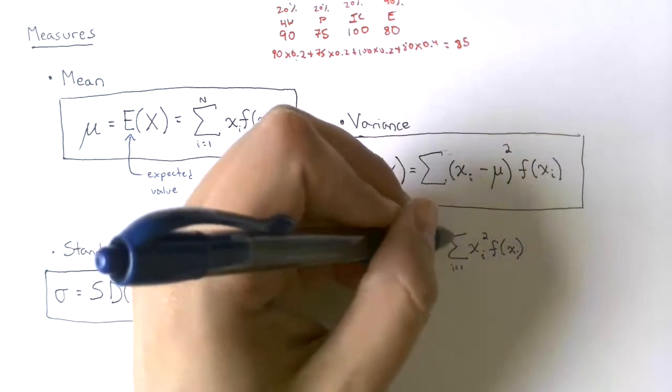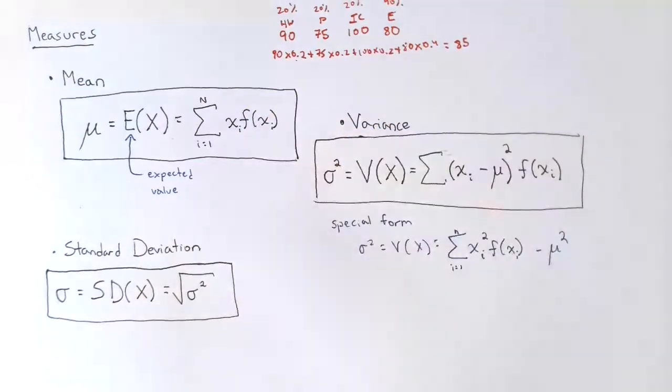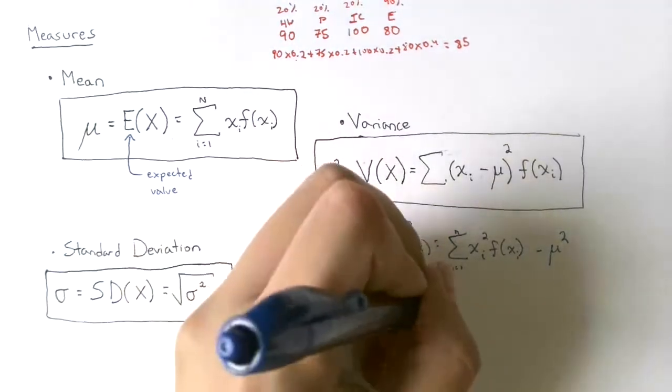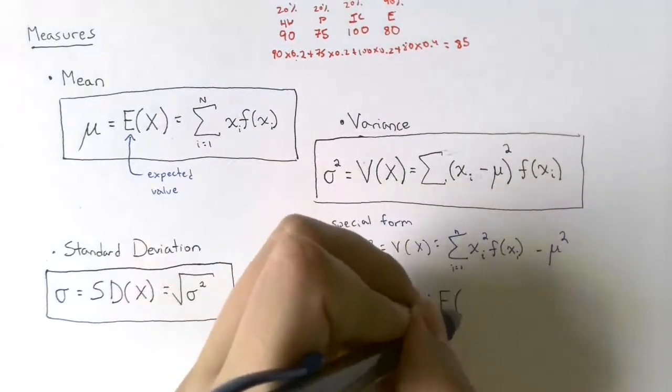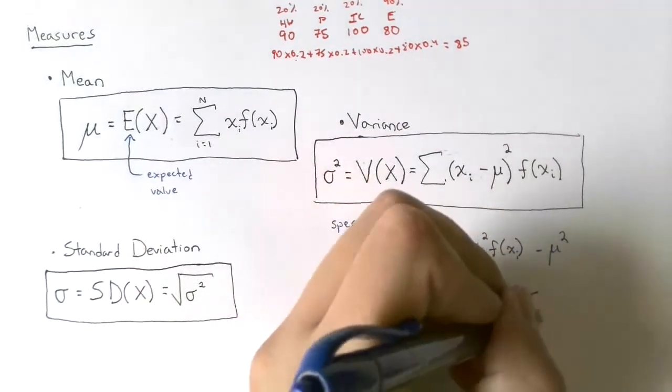And remember, this is from i equals 1 to n, minus the mean squared. And you'll see that this is actually just, I'll call it function E, the mean of x squared minus the mean of x squared.